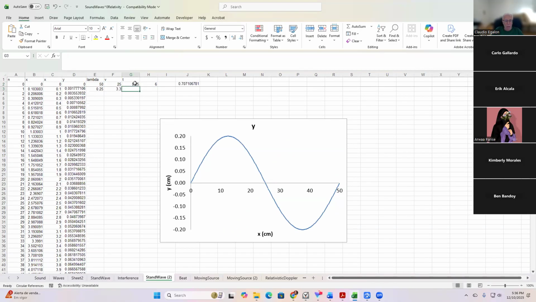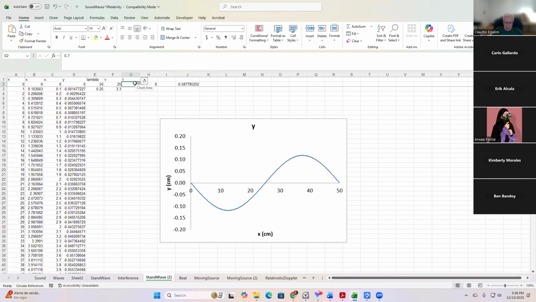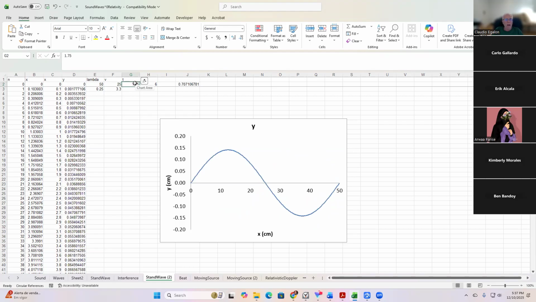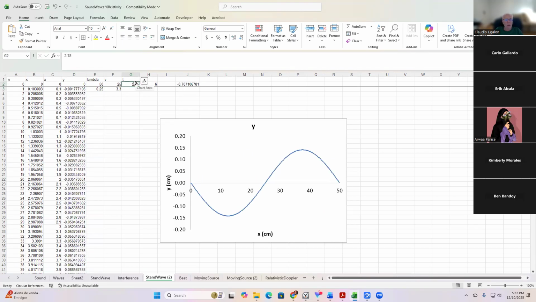I'm going to put a quarter so we can get more frames to visualize. 1, 1.25, 1.5, 1.75, 2, 2.25, 2.5, 2.75, 3. Now let's go back in time until we reach 0.